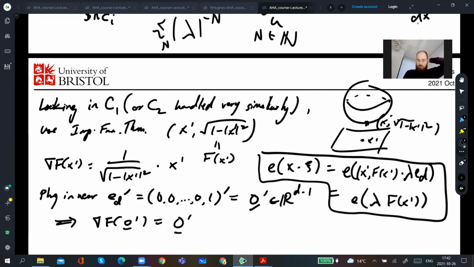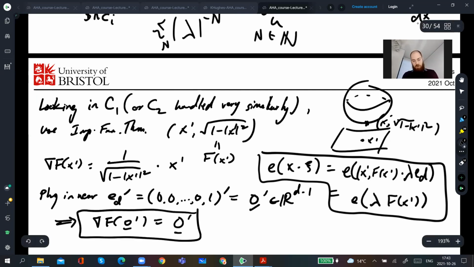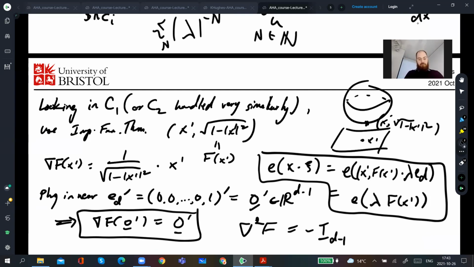Cool. And so we calculated that this phase has a stationary point at the origin. We also need to calculate the second derivative, and I won't do the calculation here, but I'll leave you to do it. The Hessian is actually equal to minus the d minus 1 by d minus 1 identity matrix.